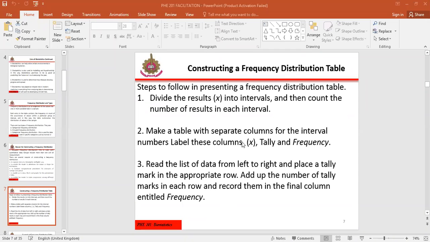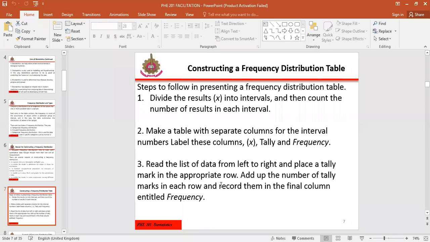Although mathematically it can actually be like this: you may have the one that starts from 10, something like 9.5 to 29.5, then from 30.5 to 39.5, and so on and so forth. Now, you count the number of observations, the number of numbers that fall within each range or interval. Then that's what you record for the frequency.